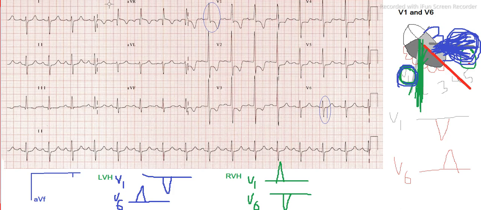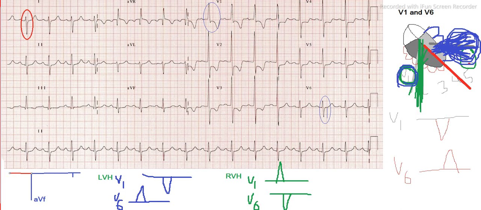When you see here the lead 1, you see the QRS complex, the resultant deflection will be negative. So when you draw the vectorial representation of it, then the vector will be going in this direction, that is negative to lead 1. So from here to here it is going in a negative direction.